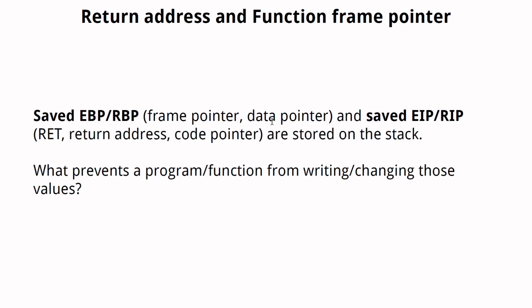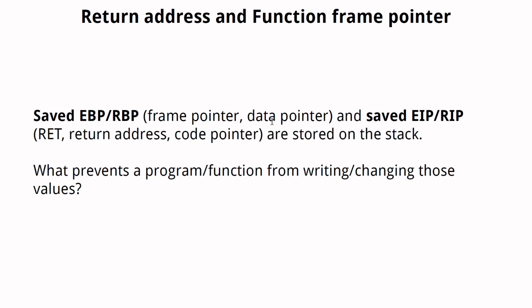The return address is, for a call instruction, the next instruction next to the call instruction. When a function returns, we will go back there, and that address we need to save onto the stack. So we can call it the saved EIP or RIP.